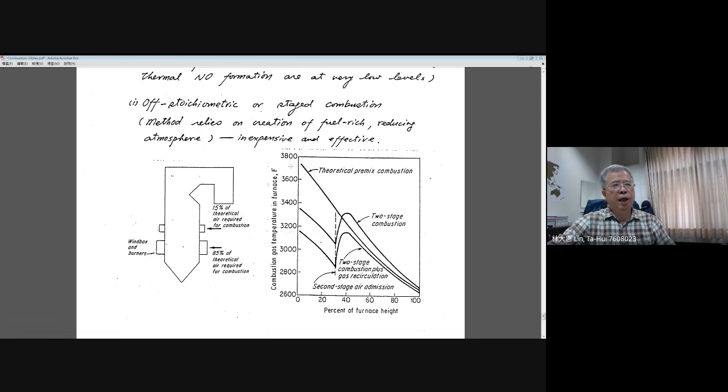Initially, you will have a very high temperature because the mixing is very good, very close to the stoichiometric ratio. Then it continually reduces when you go from the lower portion to the upper one, because the heat will be absorbed by the circulation water.